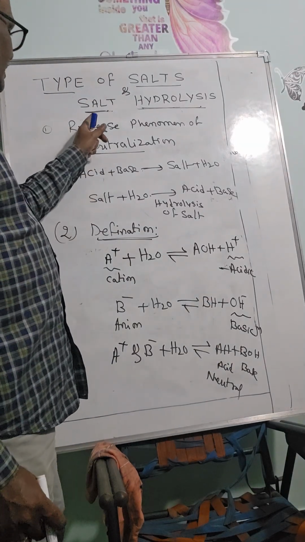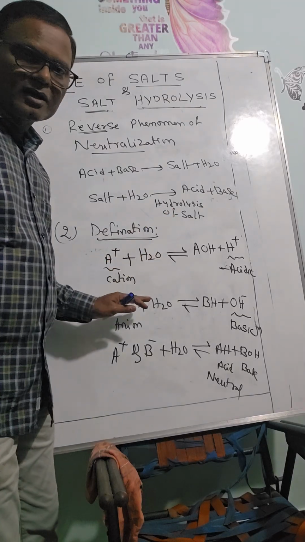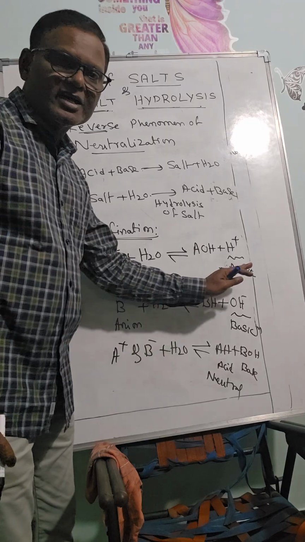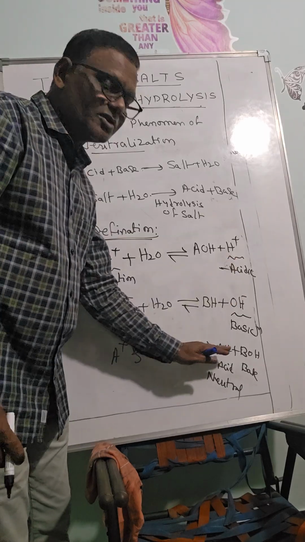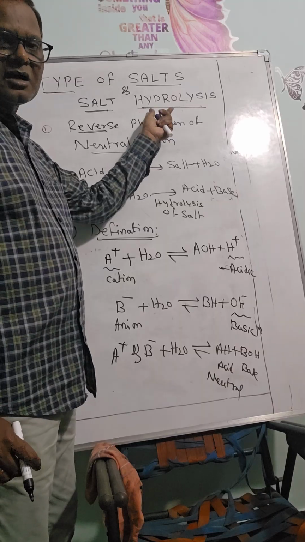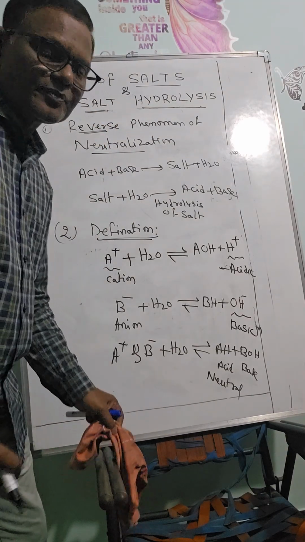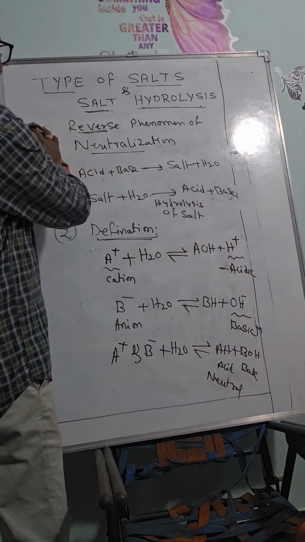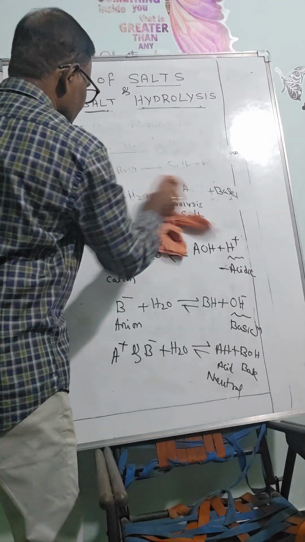Either the cation or the anion or both ions undergo hydrolysis to produce an acidic, basic or neutral solution. That is called salt hydrolysis. Is it clear, children?